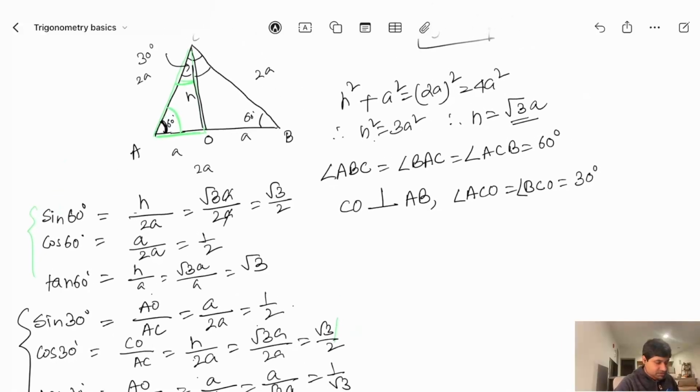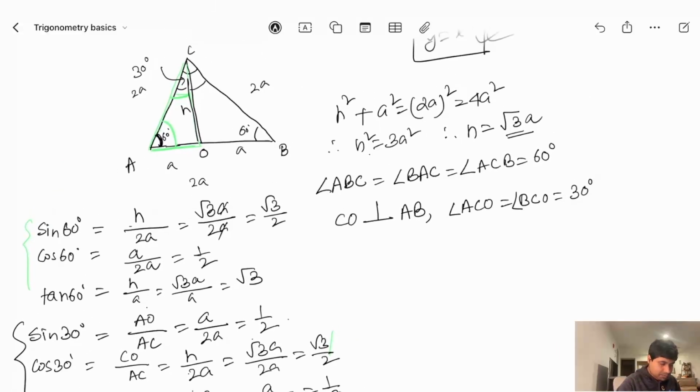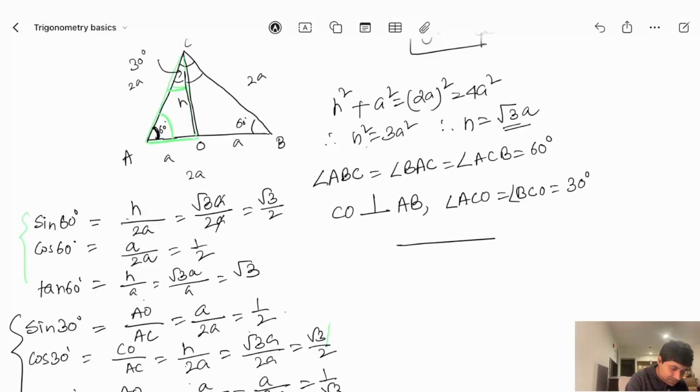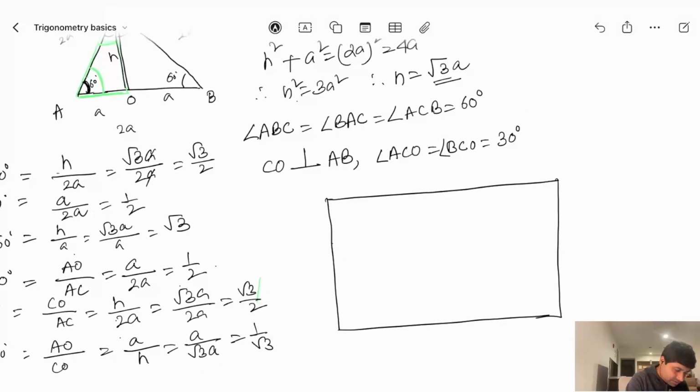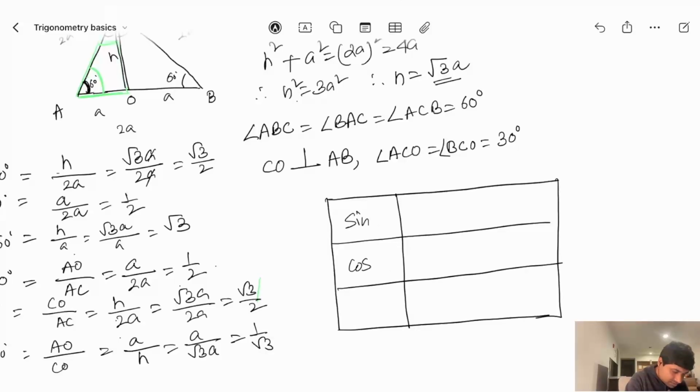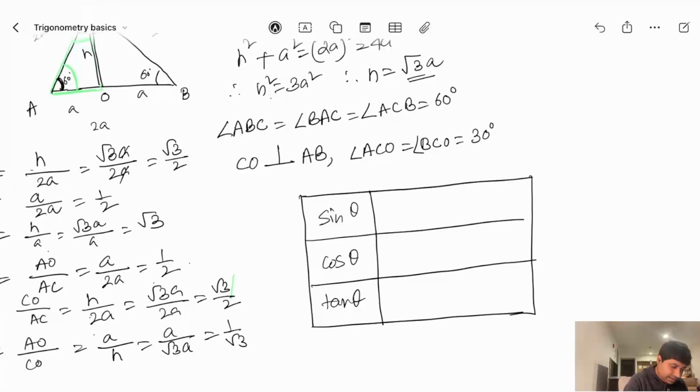Correct. So now if I just put it in a chart, let's say I put it into a chart here. So you can think of, I have three values: sine, cos and tan. We did not discuss 0 degree yet.